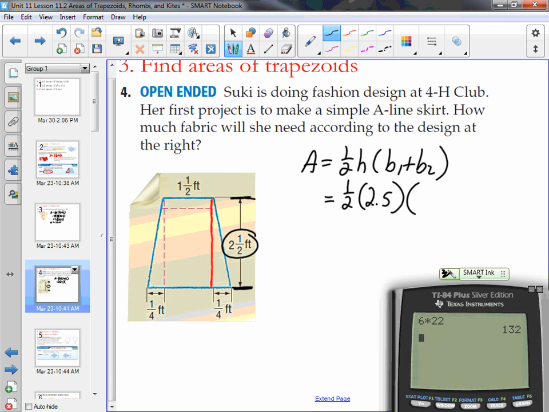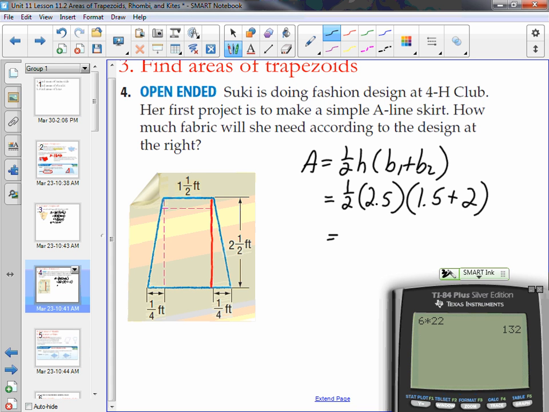All right, what's the length of the base at the top of the trapezoid? 1.5. So let's go with 1.5 plus, and then what's the length of the base at the bottom of the trapezoid? 2. It's 1.5 plus 1/4 plus 1/4. So it's 2. All right.